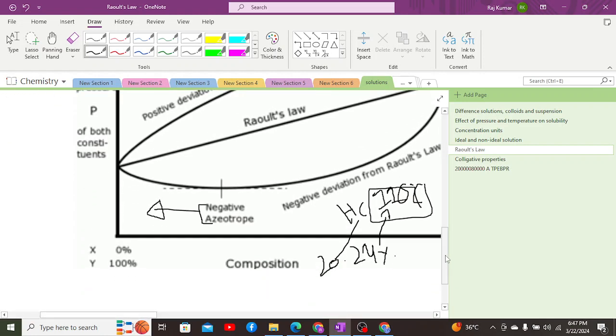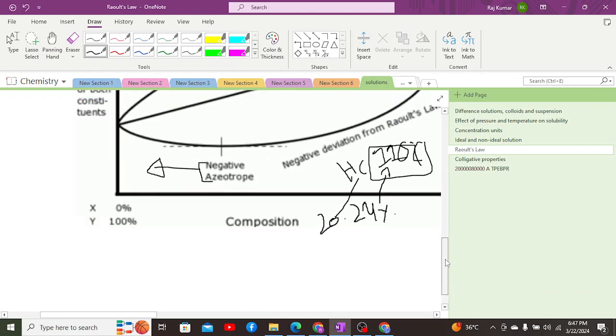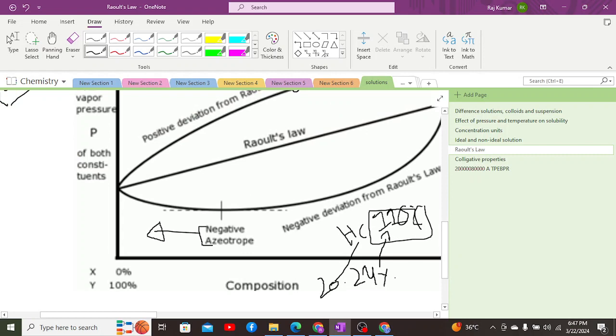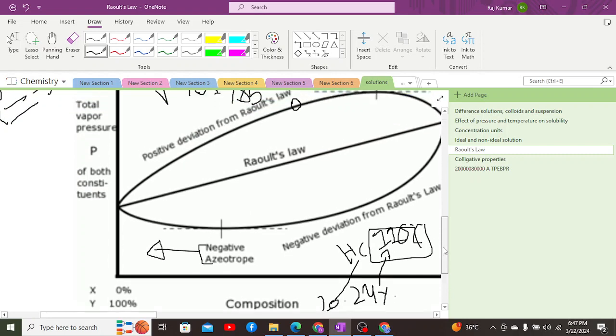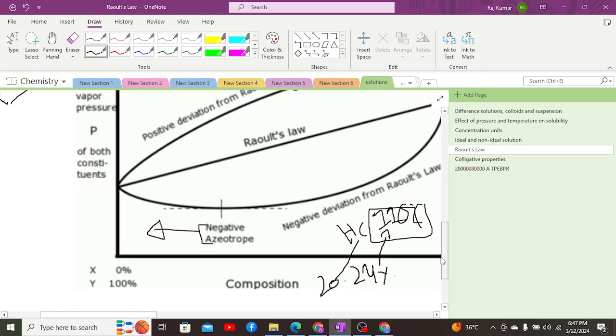Since water has a boiling point of 100 centigrade and HCl is also nearest to it, something like 108, something less than that, here 110 centigrade is the boiling point of HCl 22.4% acid with water.